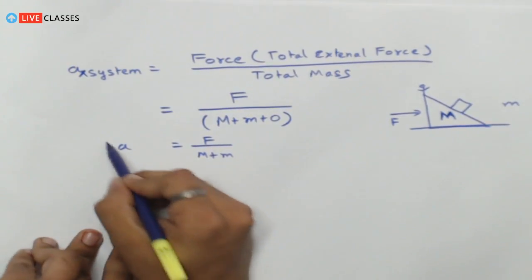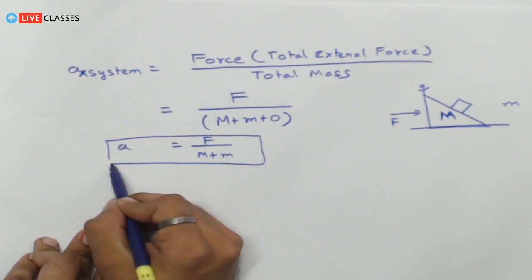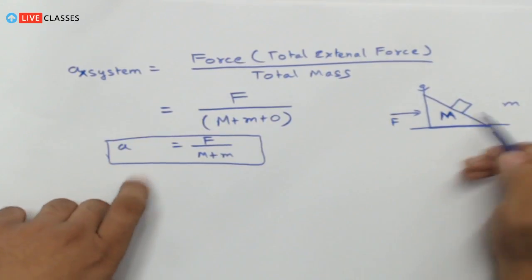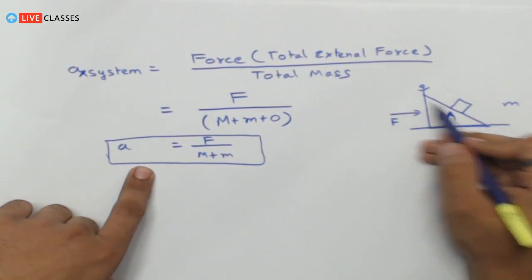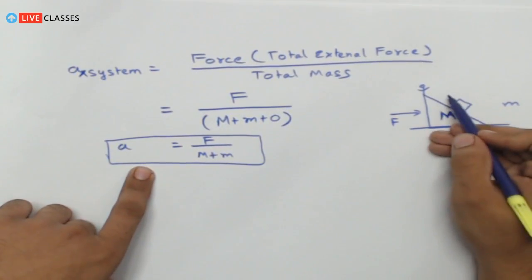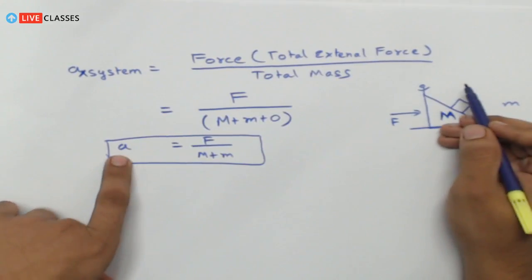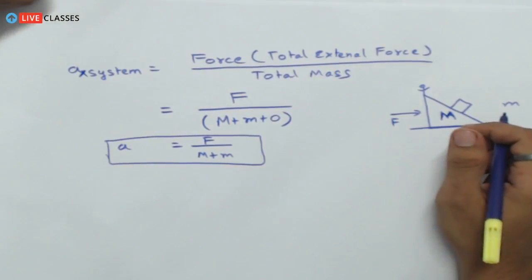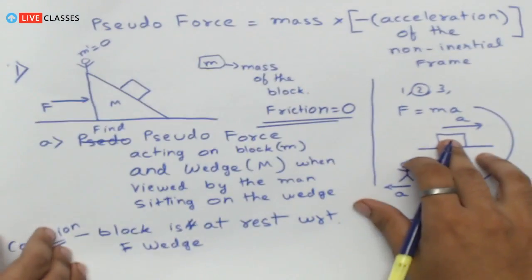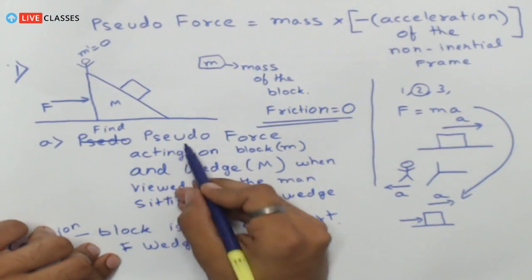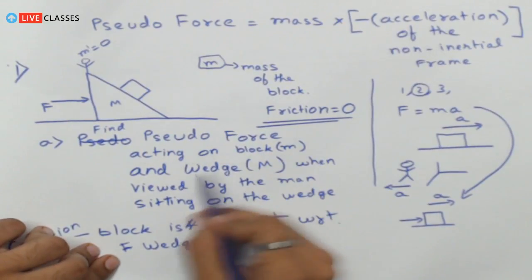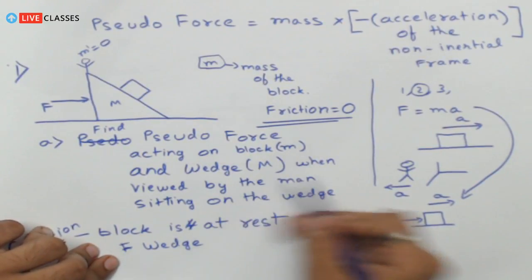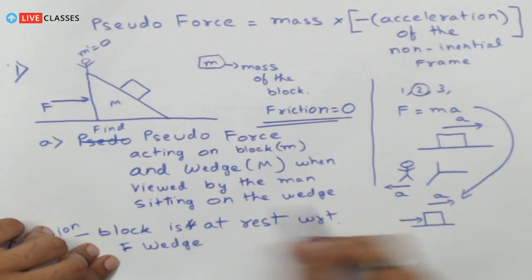Okay, remember this. This acceleration is the complete acceleration of the whole system, so the man is also moving with acceleration a. So what was our question? Find the pseudo force acting on the block of mass m and wedge when viewed by the man sitting on the wedge.